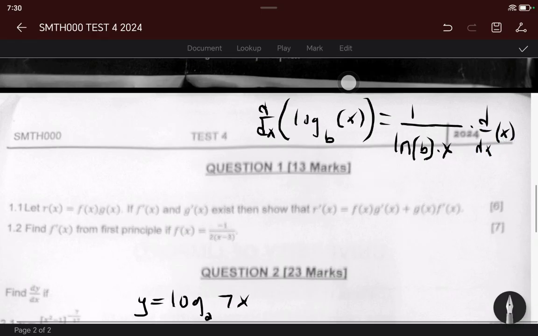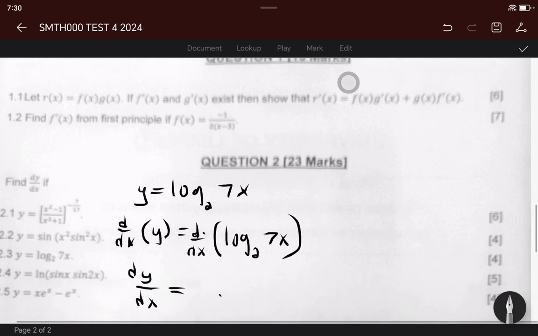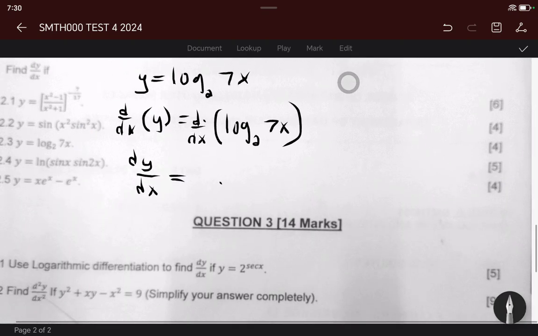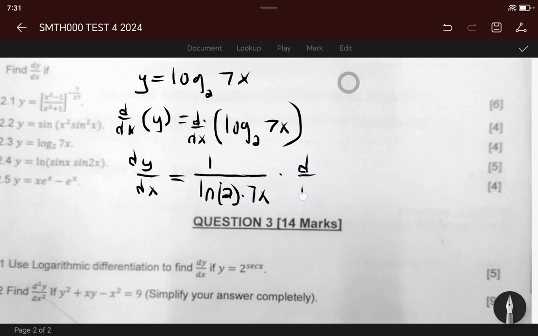You see right now? In this case, this will be 1 over ln 2 times 7x, times the derivative of 7x, so 1 over ln 2 7x times 7.